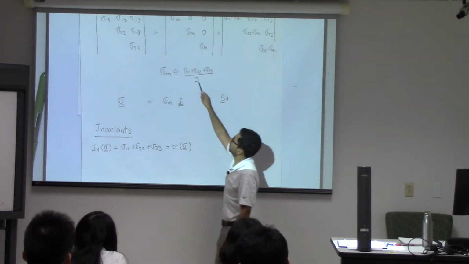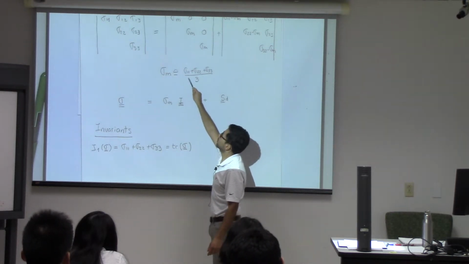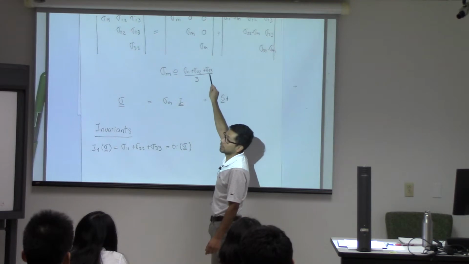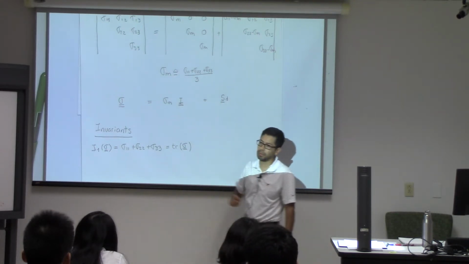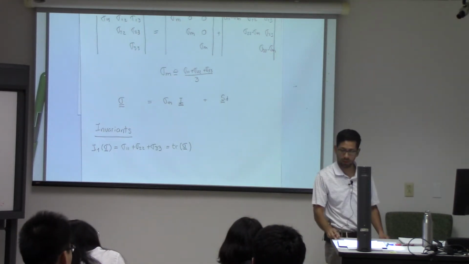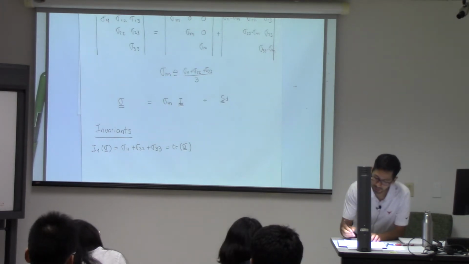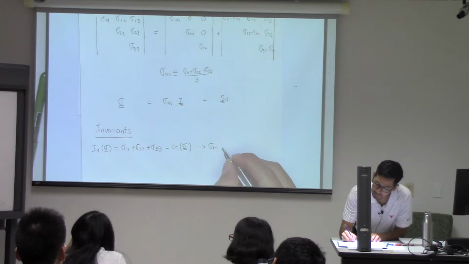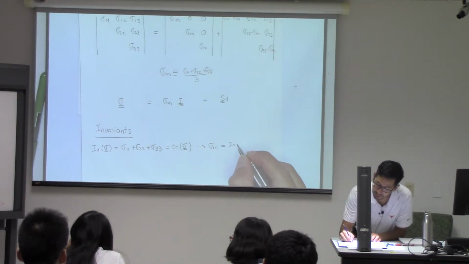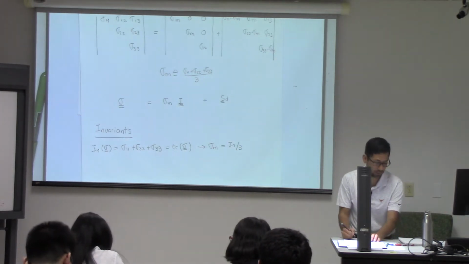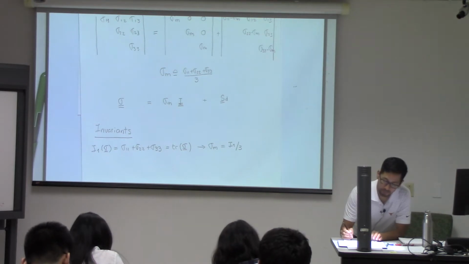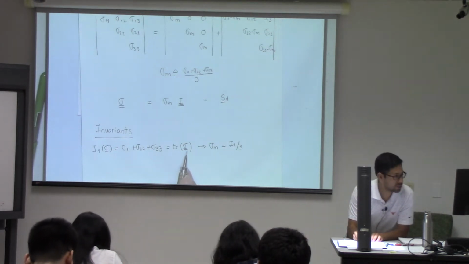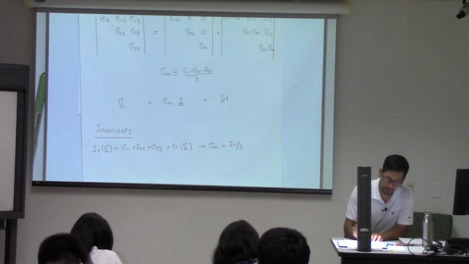So sigma m is also going to be equal to sigma 1 plus sigma 2 plus sigma 3, all principal, divided by 3, because that value is an invariant. And from here we could also calculate sigma m as equal to the first invariant of the stress tensor divided by 3, remember, okay?